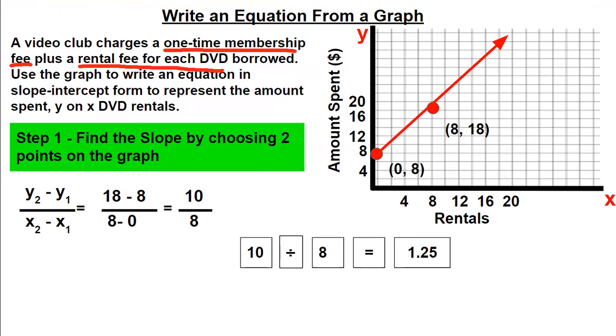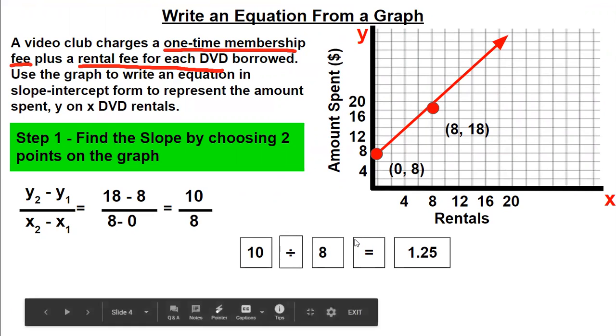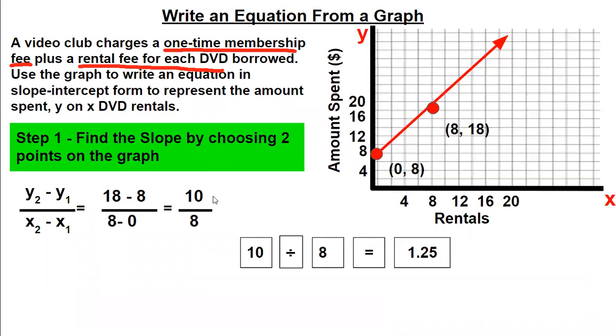However, in a word problem, especially one about cost, you're probably going to want to put it in a decimal format because you're talking about money. So that's why I did 10 divided by 8. I could have reduced this and made it 5/4 if I wanted to, but there's no point in that because that doesn't really help us find the equivalent decimal. Anyways, let's keep going. Okay, 1.25 is my slope.